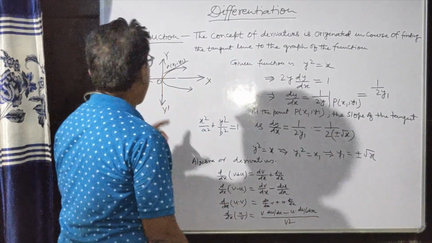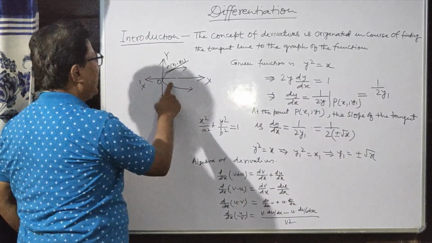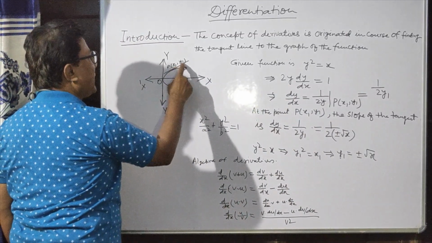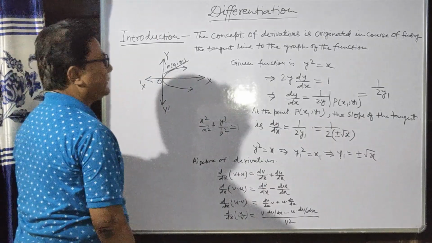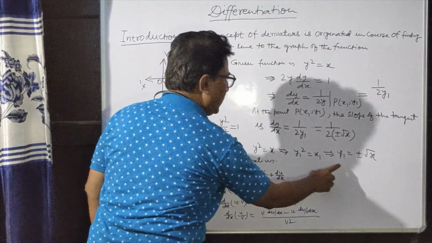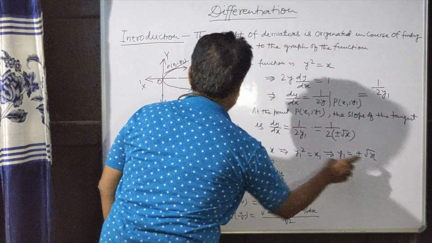In this way, you see the figure of the parabola at this point P (x1, y1). We have to find the equation of the tangent.